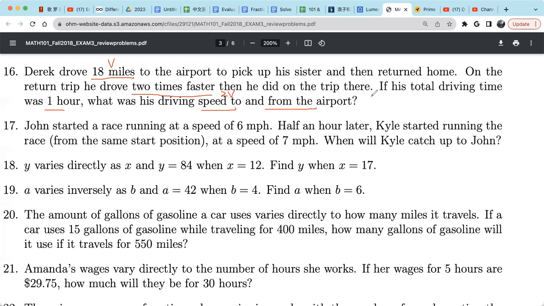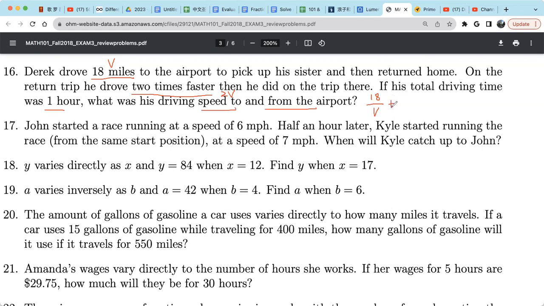So when he goes to the airport, we don't know his speed. We're trying to find it, so let's call his speed v. So the time is distance divided by speed, 18 divided by v.